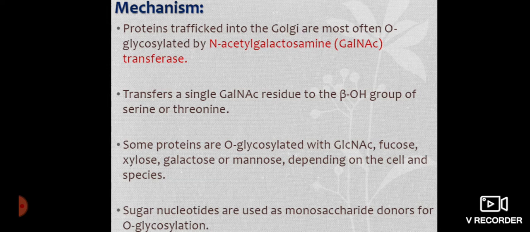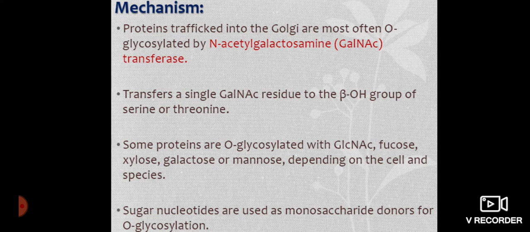In the Golgi complex, O-link glycosylation generally happens with the first addition of N-acetyl galactosamine, wherein the N-acetyl galactosamine is added by the N-acetyl galactosamine transferase enzyme. This transfers a single N-acetyl galactosamine unit to the beta hydroxy of the serine or threonine.